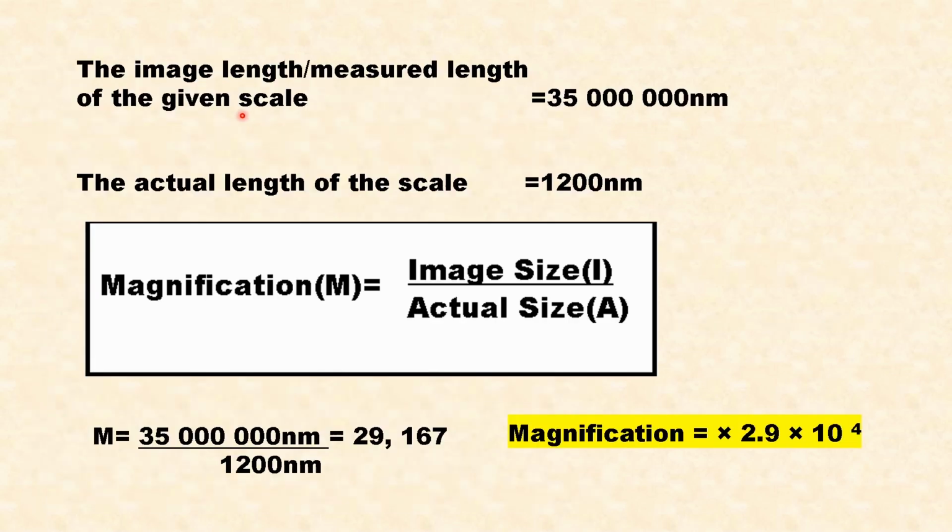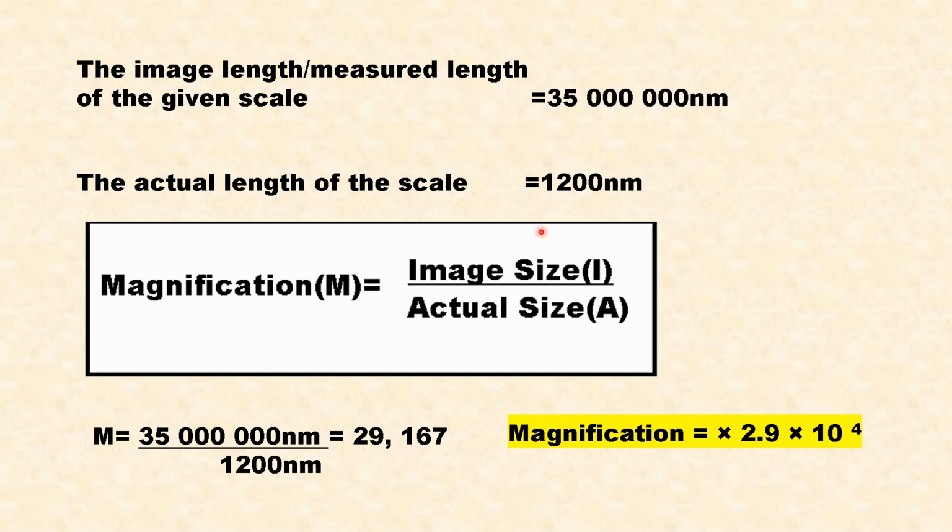Since the actual size is given in nanometers, we need to convert the image length into nanometers as well, to ensure both measurements are in the same unit. Therefore, 35 millimeters is equal to 35 million nanometers, and the actual length of the scale is given as 1200 nanometers.